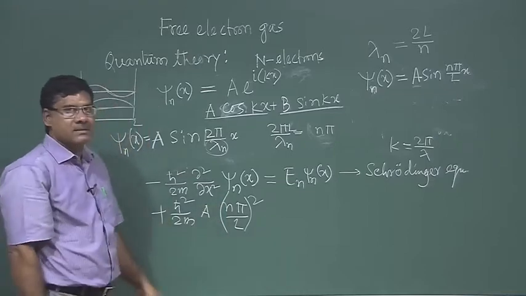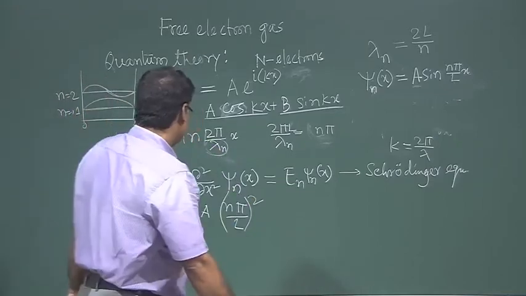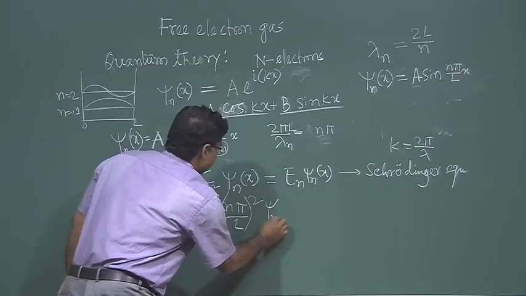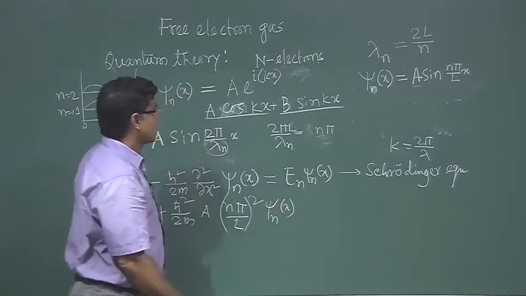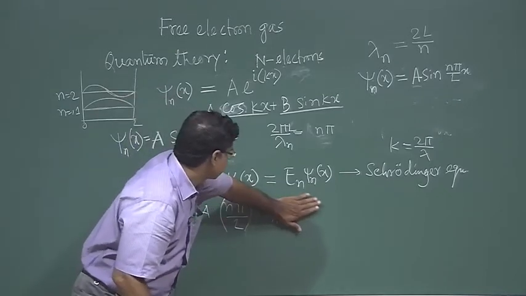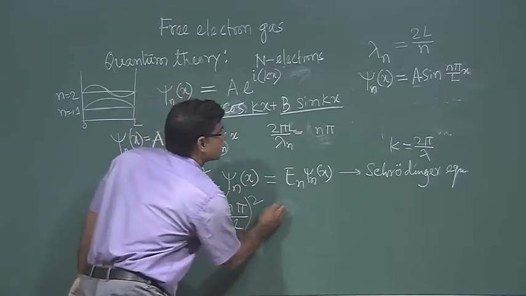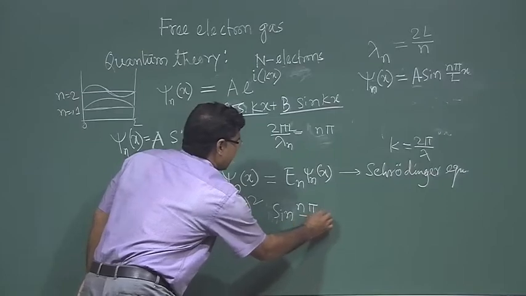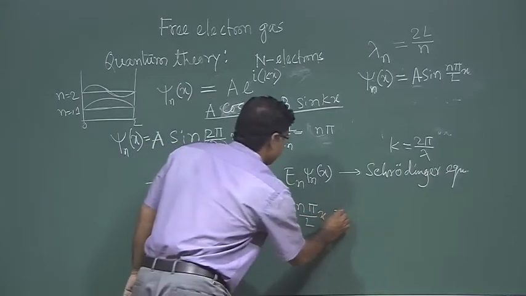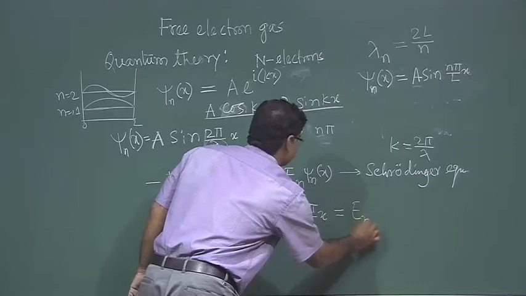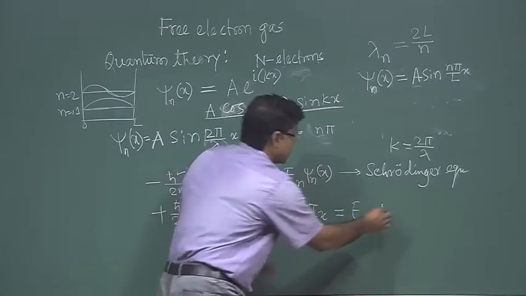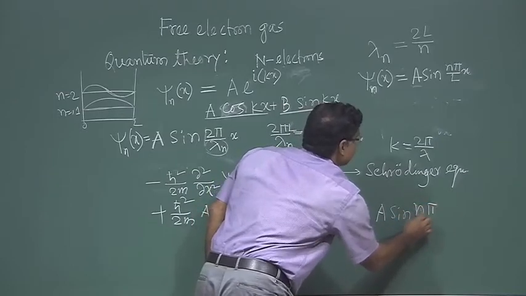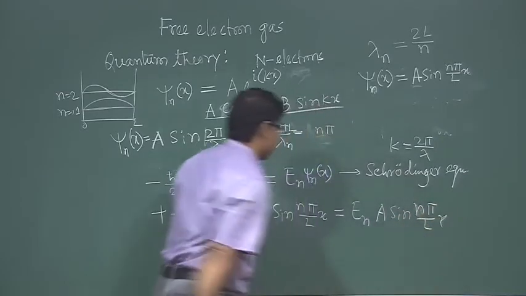So, this will be plus, right, psi n(x) equal to E n A sin(n pi by L x), right.